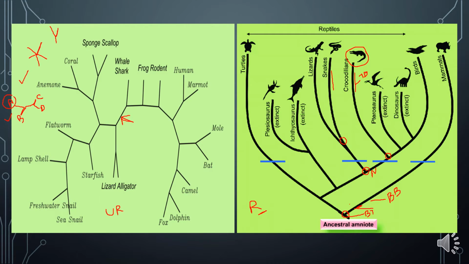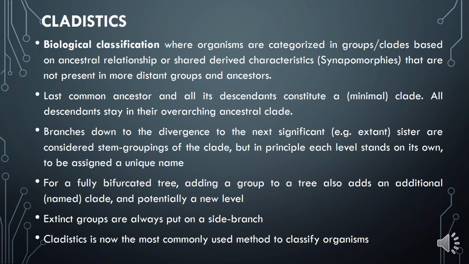This is a nodal point, this is a nodal point, this is also a nodal point. We have some ancestor here also, and in fact these are the leaf nodes. The terminal points are called the leaf nodes. And this is pretty much how the phylogram looks.